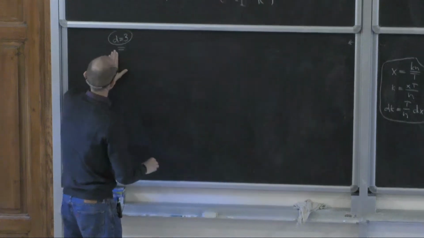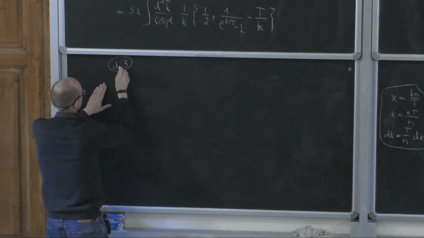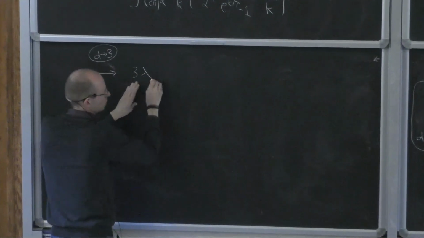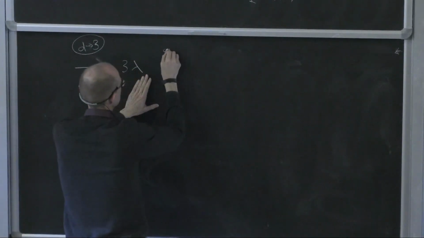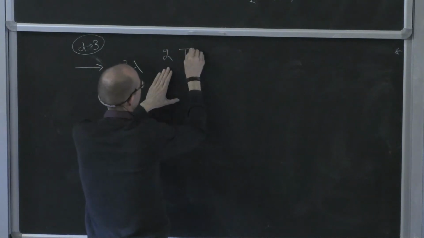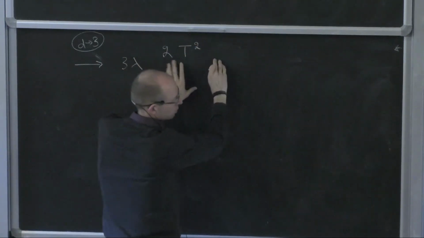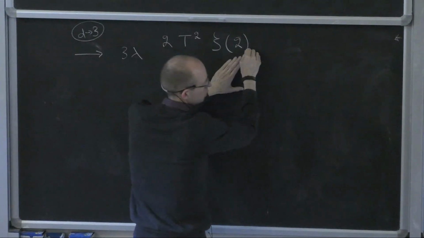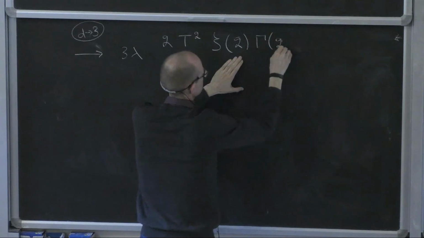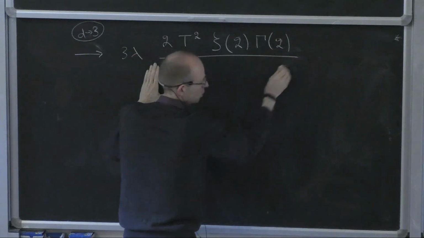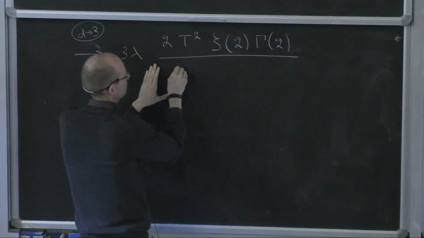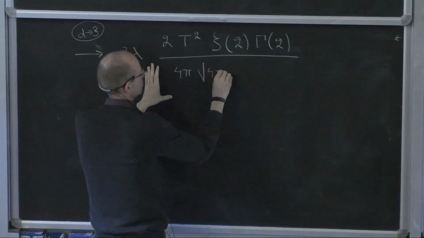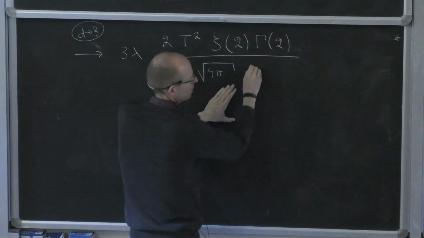We substitute d equals 3, and so then we get 3 times lambda, 2 times T squared, zeta of d minus 1, which is 2, gamma of 2, 4 pi to the 3 halves. Let me write it as 4 pi times the square root of 4 pi, and then still gamma of 3 halves.